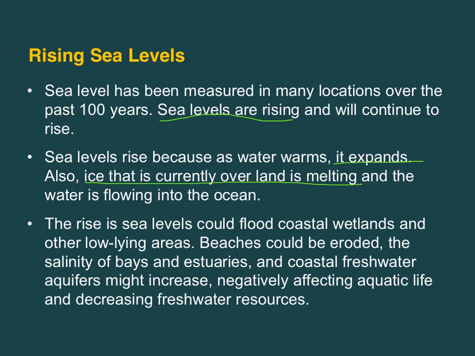So what we could see, and I emphasize could, is flooding in coastal areas, low-lying areas. In my class, I've talked a little bit about New Orleans and the big problem with Katrina when the levees that pump water out of New Orleans busted. Well, we built New Orleans below sea level.